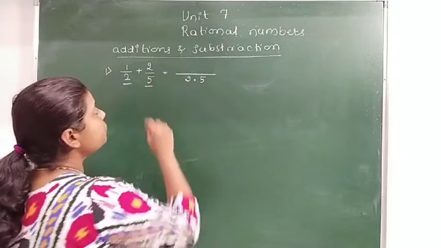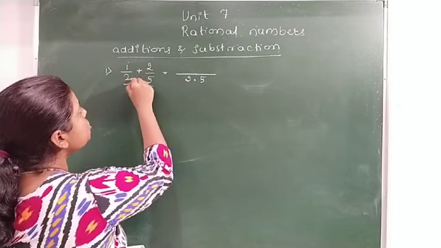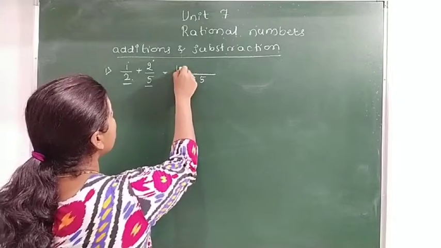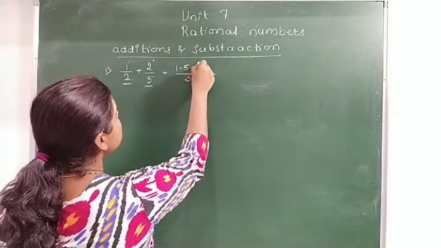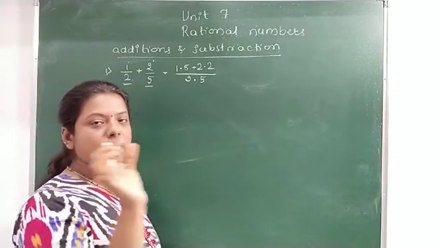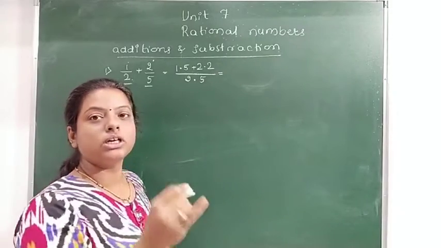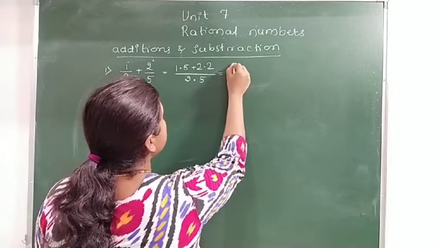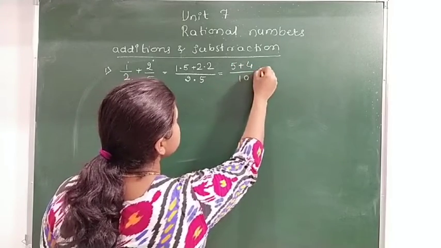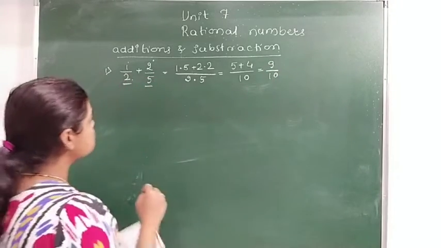This 5 is multiplied with this numerator, and this 2 is multiplied with this numerator, meaning 1 into 5 plus 2 into 2. To make a single LCM for the rational numbers, we cross multiply. This becomes 5 plus 4 divided by 10, which is equal to 9 by 10. Like this we have to simplify.